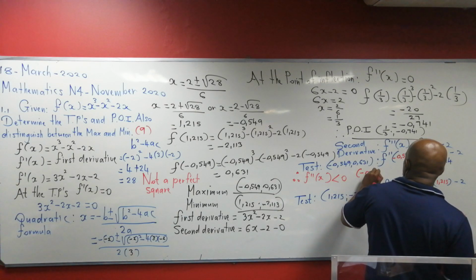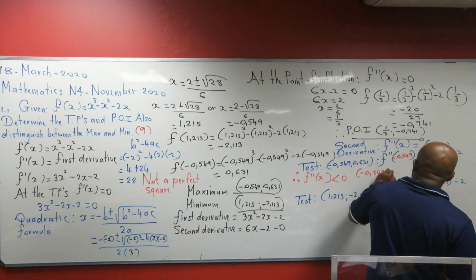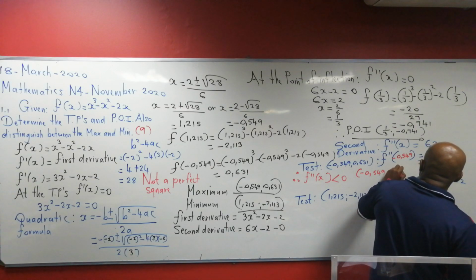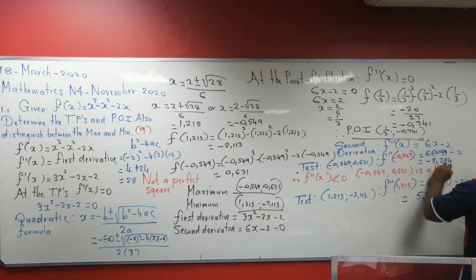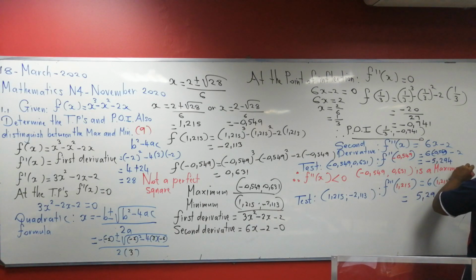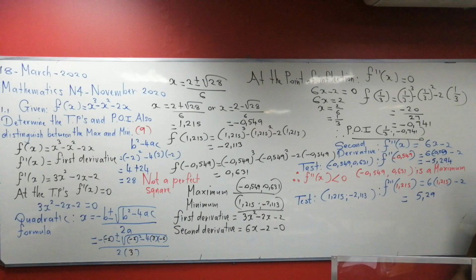Okay, so you write down therefore this is less than 0, so minus 0,549 and 0,631 is a maximum. Right, so you write that down. If one is the maximum, obviously the other one cannot be maximum. The other one has to be a minimum.